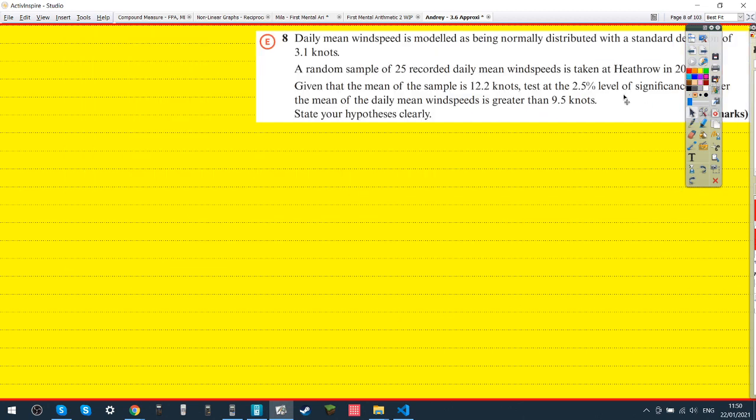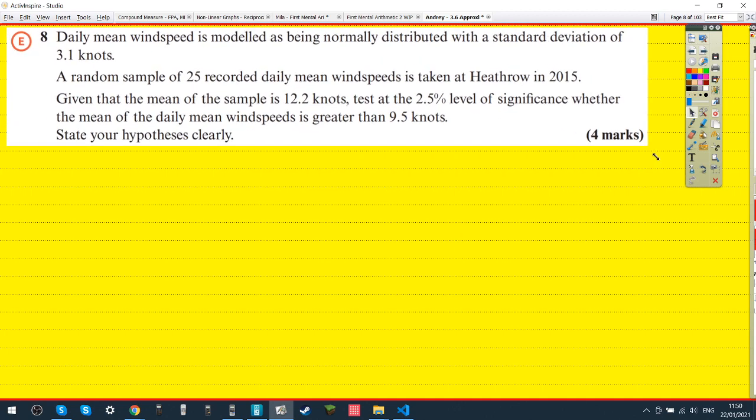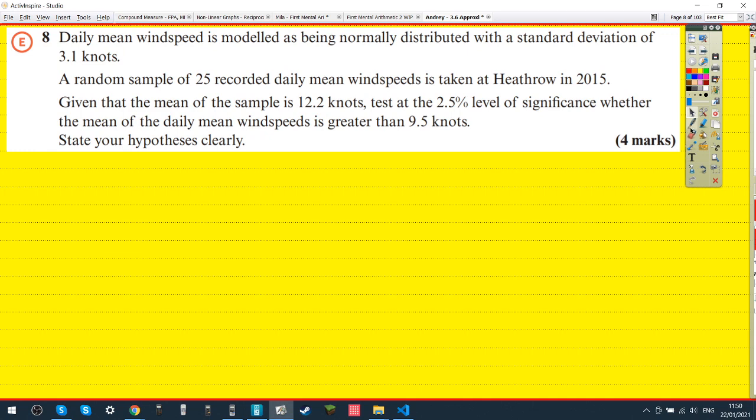Let's see. All right, let's give this a go. Okay, so we see that we know the standard deviation squared would be 3.11 squared.